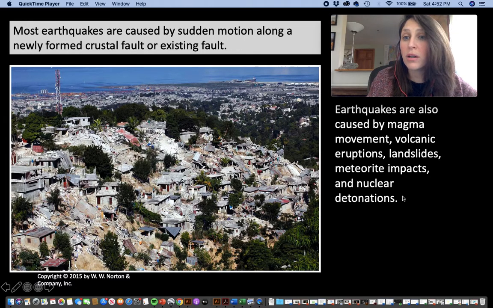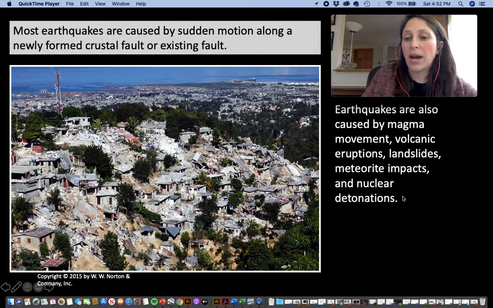They can also be caused by volcanic eruptions, landslides, meteor impacts, or nuclear detonations. These are some of the ways we can get earthquakes, but they are mostly caused by fault activity.